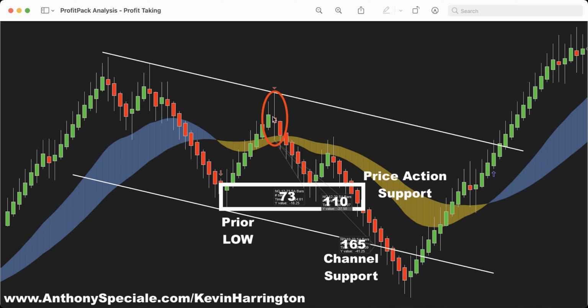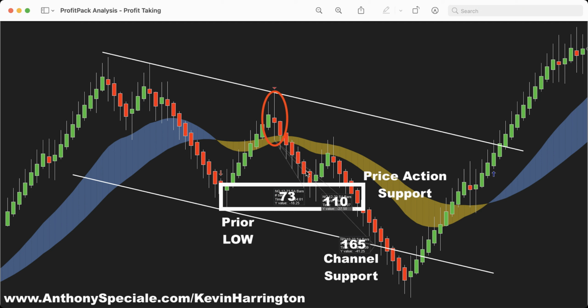And ultimately, then what we're looking to do is take our profit. From a technical perspective, the first place profit would be at the high of this little candle formation here where price pushed off of. So I created this box. This is price action support. This is an area of known support. So upon testing it, this is where you would take your first profit. And that would be 73 ticks.